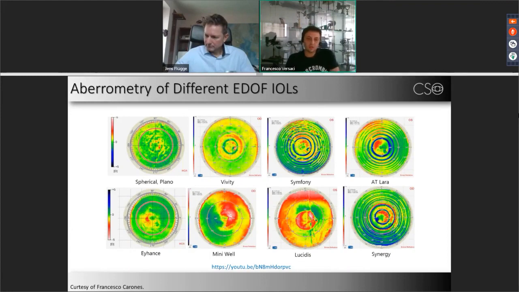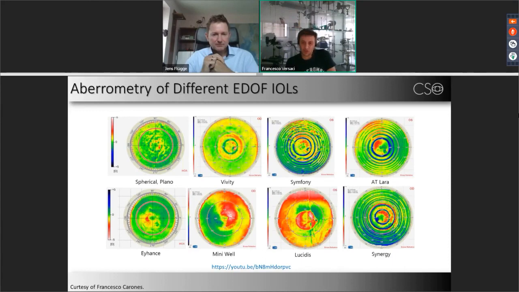This is also a slide from Francesco, who enjoyed a lot showing the different power map of implanted IOLs from normal spherical plano lens to EDOF lens, or lens that are having some kind of aberration like the IOL or the Lucidus.